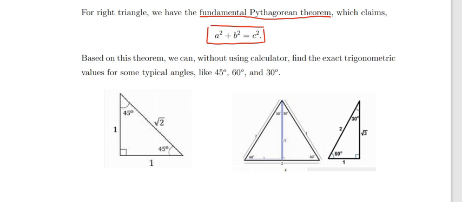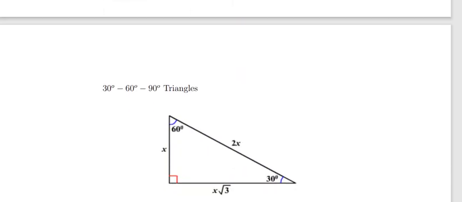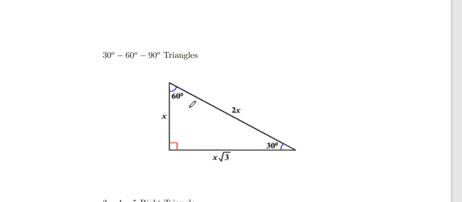So we have 45, 60, and 30 degrees. Those are typical angles. We can call this a 30, 60, 90 triangle. If this side is x, then the hypotenuse is 2x, and this side is radical 3 x.